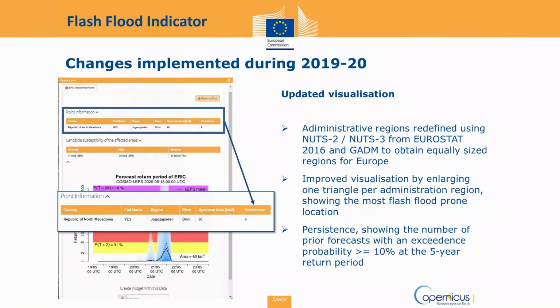So in this example there are 6 forecasts, which means the current forecast plus 5 before it met this criteria. And this is very useful because it means that you can be more sure that this event is likely to occur because it has been present in the previous forecasts. If the persistence was only 1, that would mean that this event was only present in the current forecast.